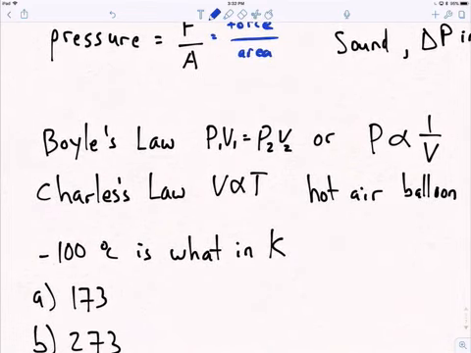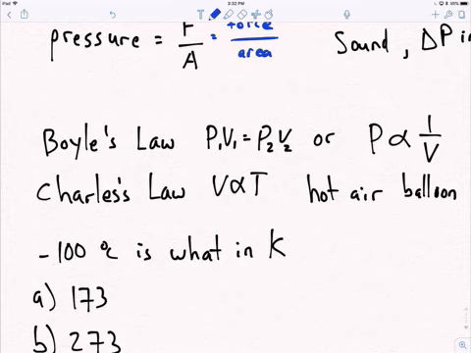This is a scientific law, meaning a summary of observation. Many experiments were done, and I think it was Professor Boyle, or doctor probably, but Boyle did lots of experiments and figured out that pressure is inversely proportional to the volume. This alpha symbol, which looks like a fish, means proportion.